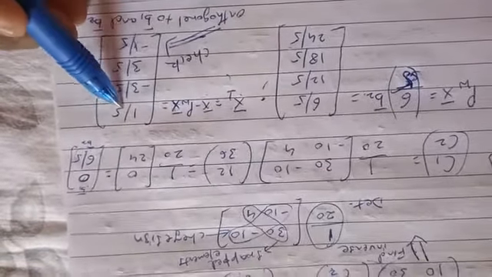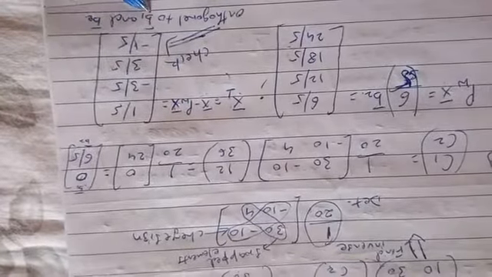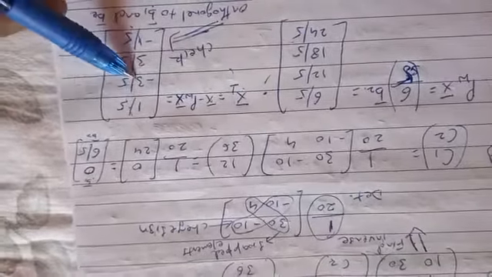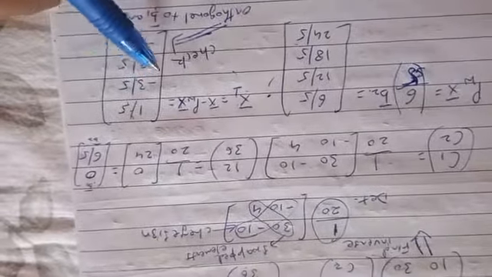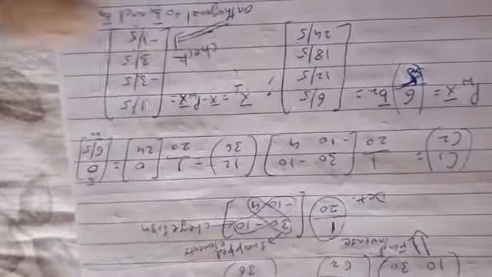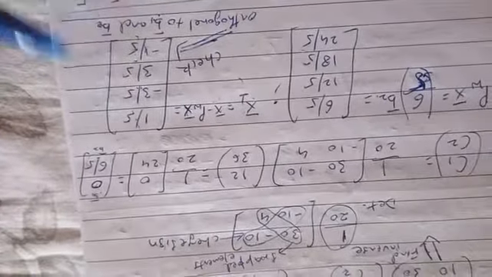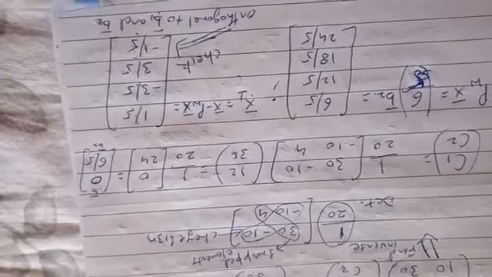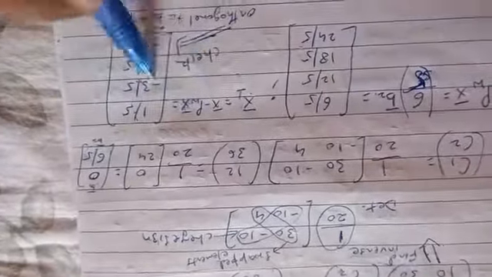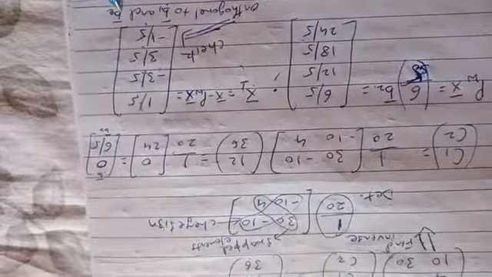If you multiply this with B1 bar, which is 1, 1, 1, 1, then 1 by 5 cancels with minus 3 by 5. Therefore, x perpendicular bar into B1 bar is going to be 0, so it's orthogonal. Next, if I multiply this with B2 bar, which is 1, 2, 3, 4, you will see that the answer is 0. Therefore, x perpendicular is also orthogonal to B2 bar.